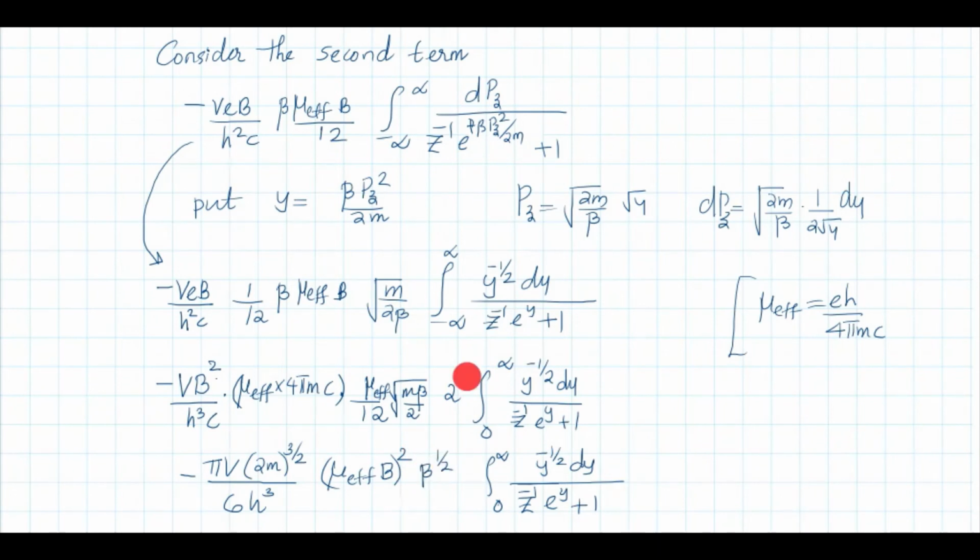Remaining terms, there is 2 here, there is root 2, this 2 cancelled, right? This 4 and this root 2 becomes 2 root 2 in the numerator, that is 2 raised to 3 by 2. This m and this root m becomes m raised to 3 by 2, that is 2m raised to 3 by 2. So it is minus pi v by 6 h cube, 2m raised to 3 by 2, mu effective into b whole square, beta raised to half, integral 0 to infinity y raised to minus half dy divided by z raised to minus 1 e raised to y plus 1.